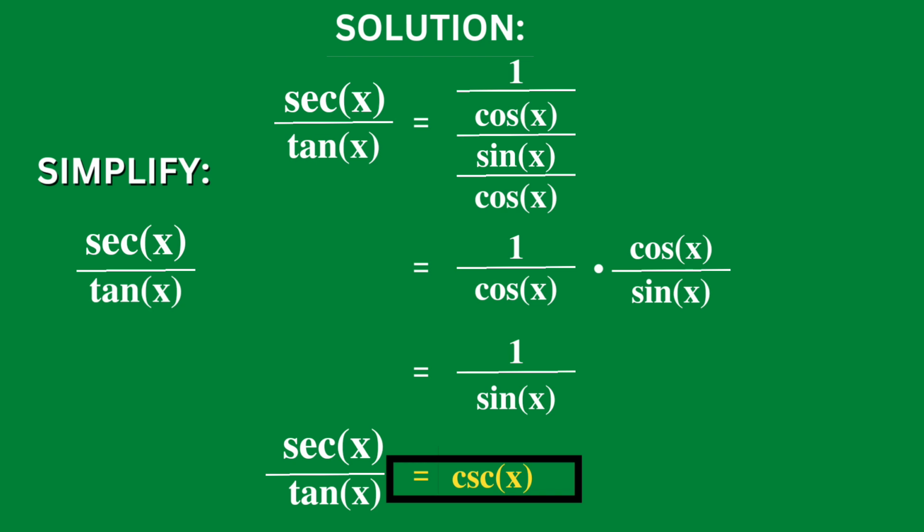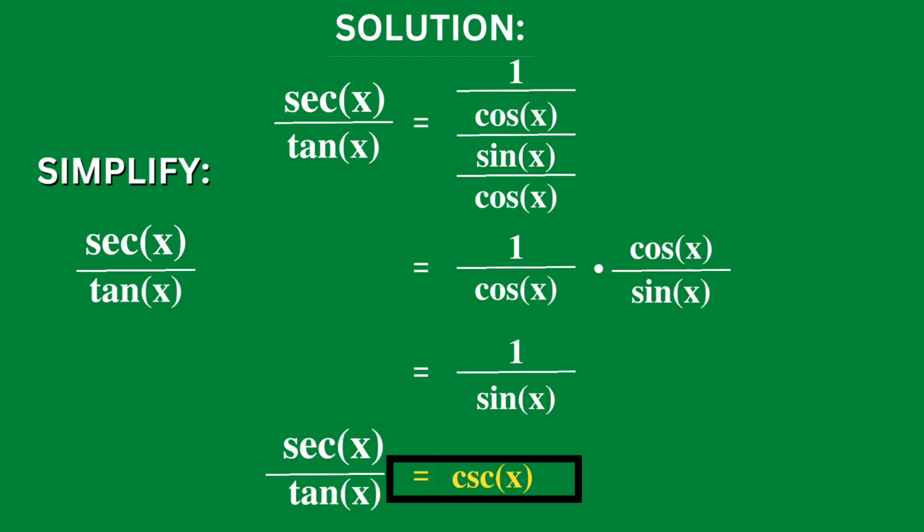So the next step is to divide fractions: invert and multiply. So, 1 over cosine x multiplied by cosine x over sine x. So cancel the cosine x. The remainder will be 1 over sine x.